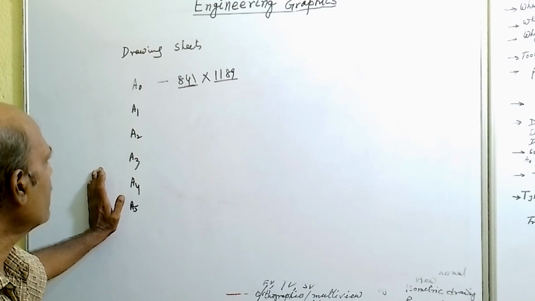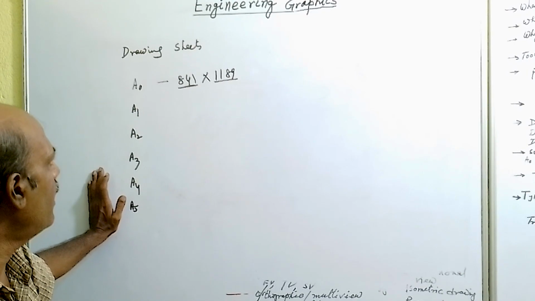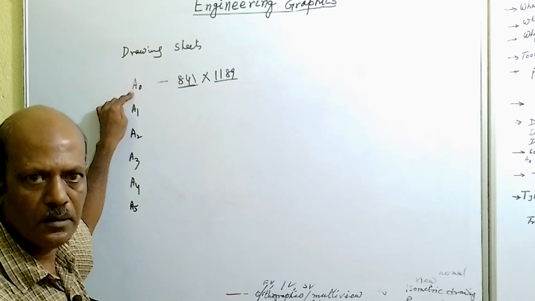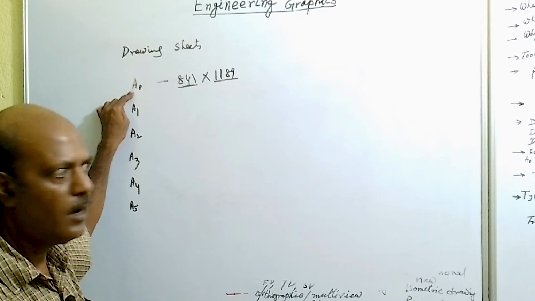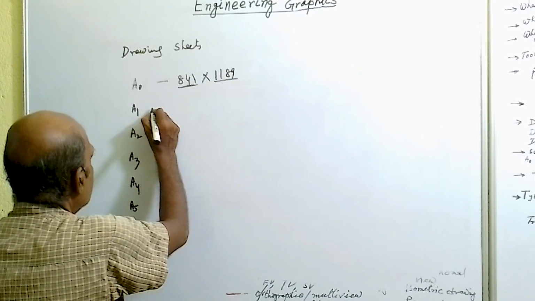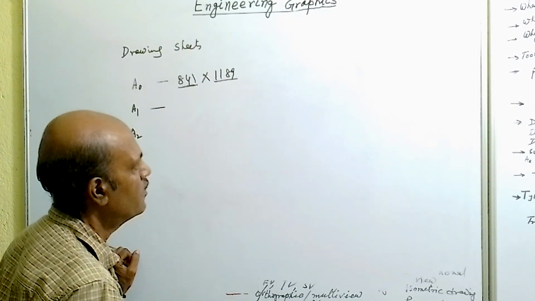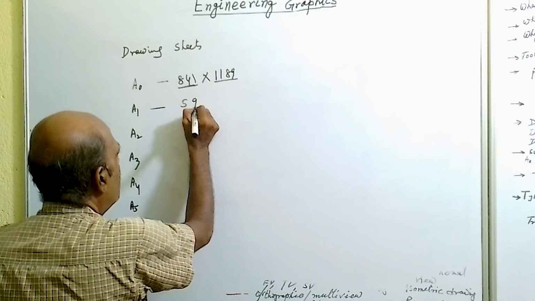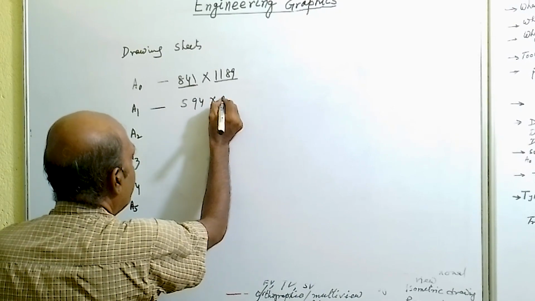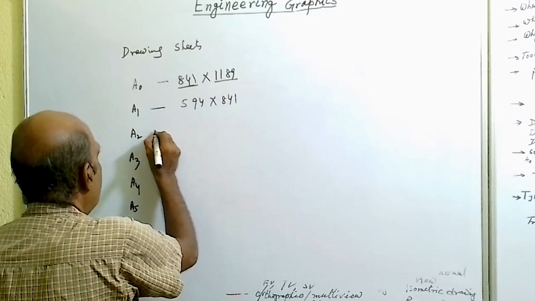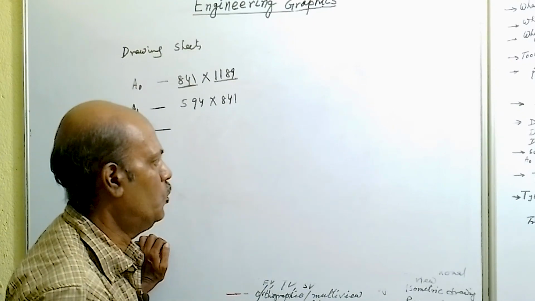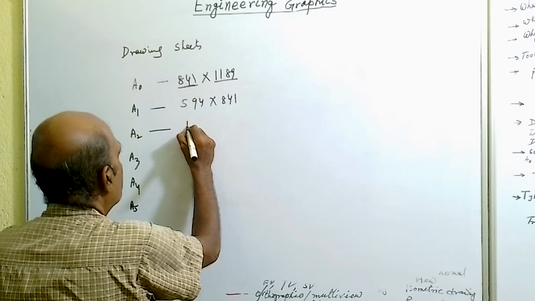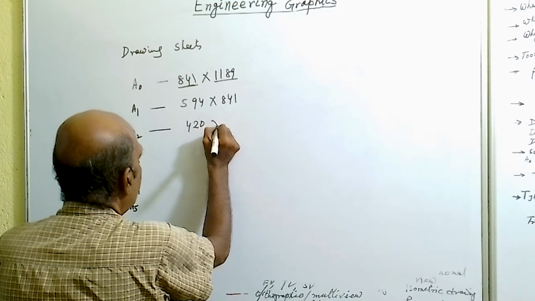So 841 into 1189 millimeter is the largest sheet on which you can draw the drawing. The next size is A1, and A1 size is given by 594 into 841. And the third size, that is A2, is given by 420 into 594.